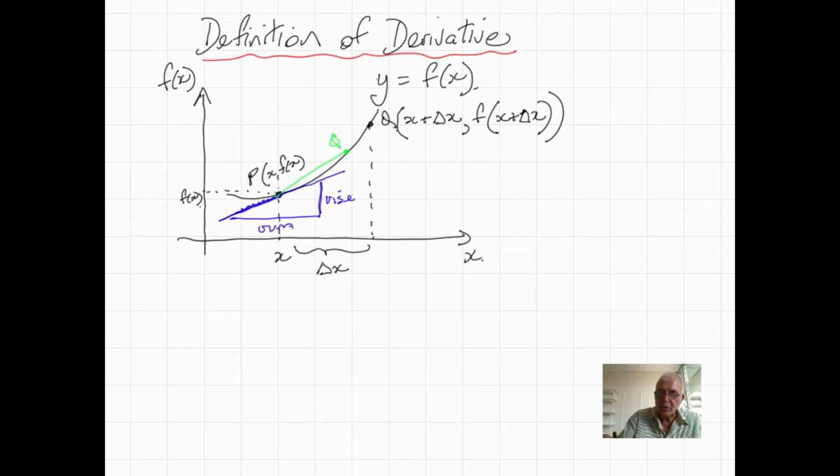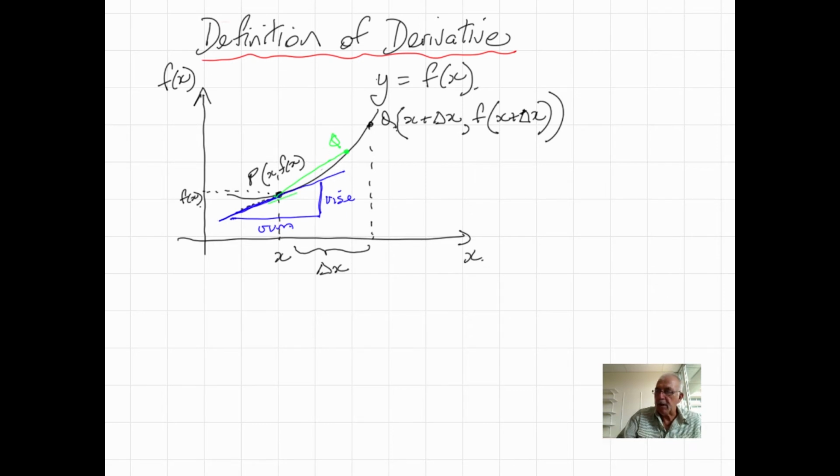Now, when you connect two points on a curve, that straight line is called a secant. So this green secant here, the gradient of that is going to be fairly close to the gradient of the tangent, which is the blue line here.